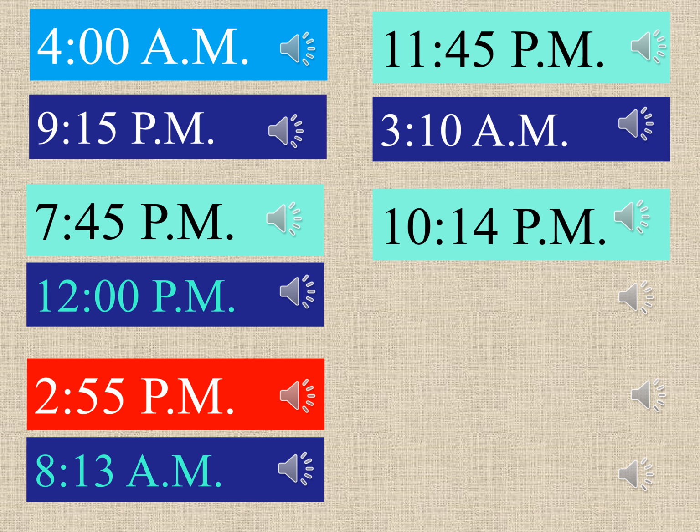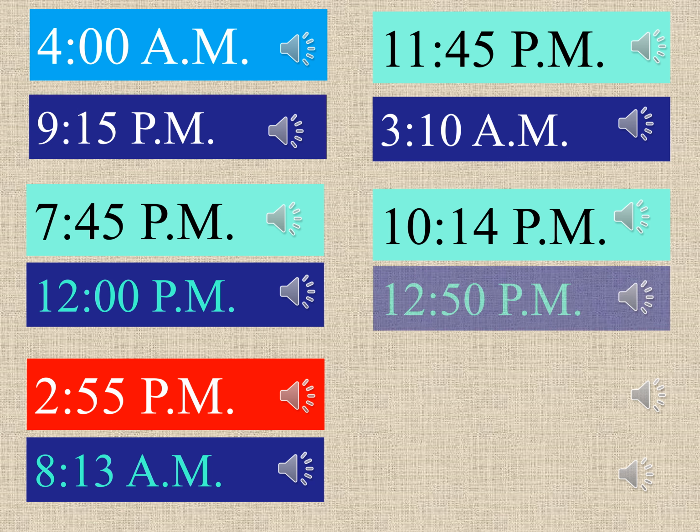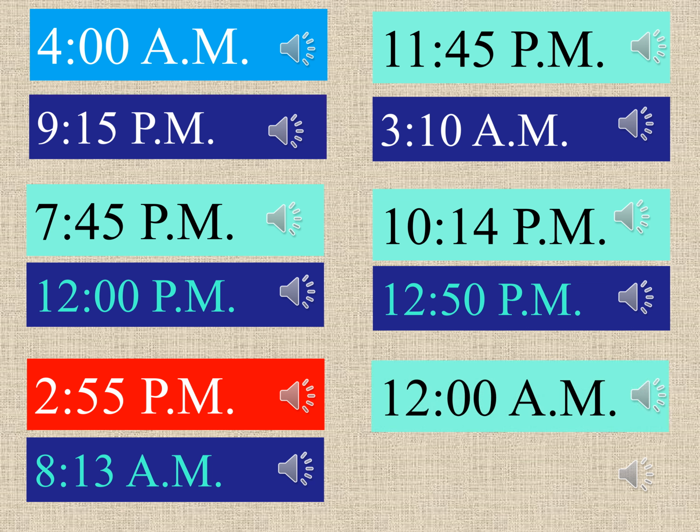Es la 1:10 de la noche. Es medianoche. Son las 10:26 de la noche.